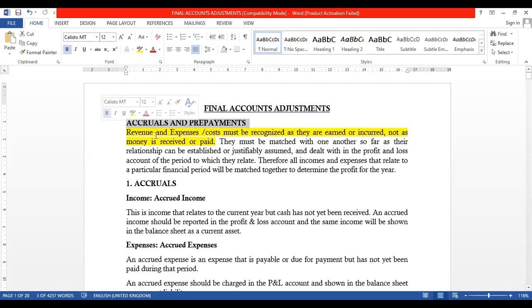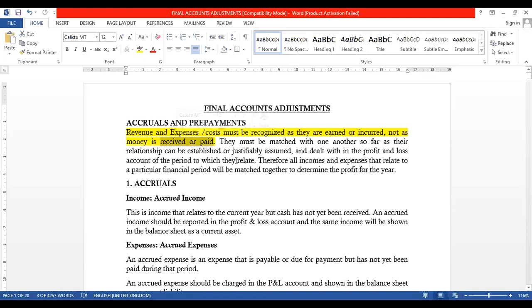The accrual concept says that revenues must be recognized and accounted for when they are earned, and expenses or costs must be accounted for when they are incurred, and not when the actual payment or receipt takes place.